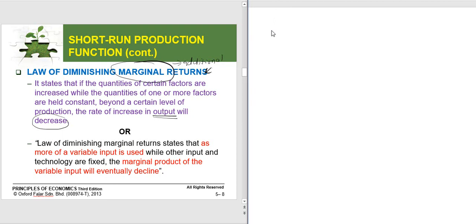You have too many workers in a fixed area of a kitchen. So the kitchen size is the same, fixed. That means the building. But the number of workers keeps increasing.